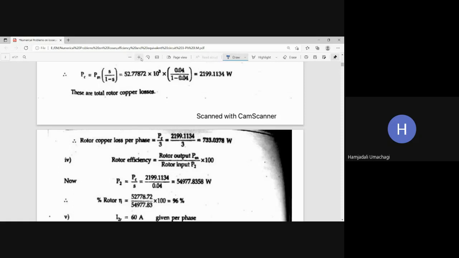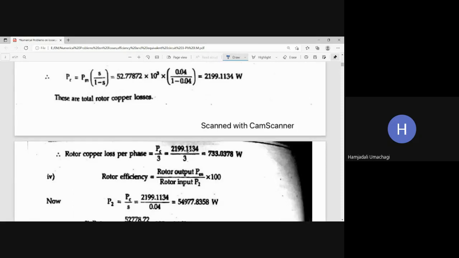If you divide this by 3, you will get the rotor copper loss per phase, that is PC by 3, equal to 2199.1134 divided by 3, which is 733.0378 watts. So this is the rotor copper loss per phase.